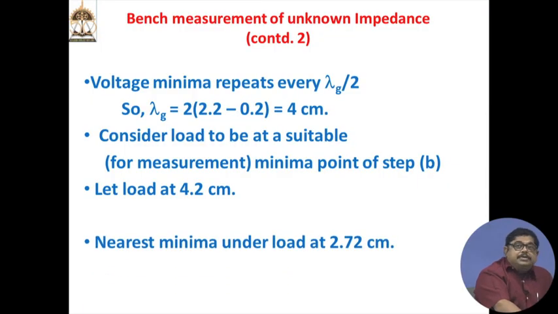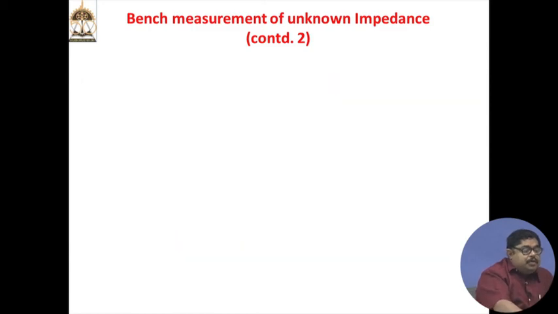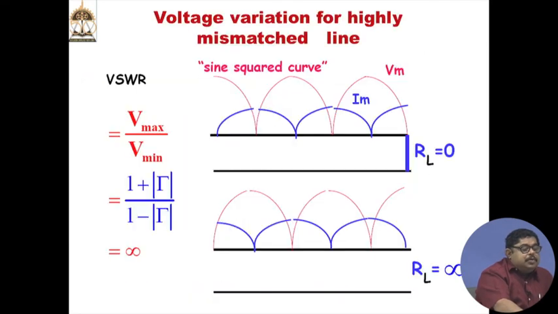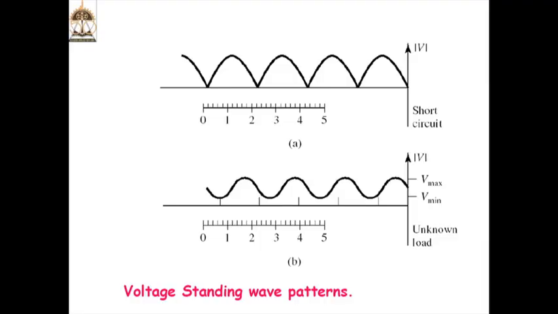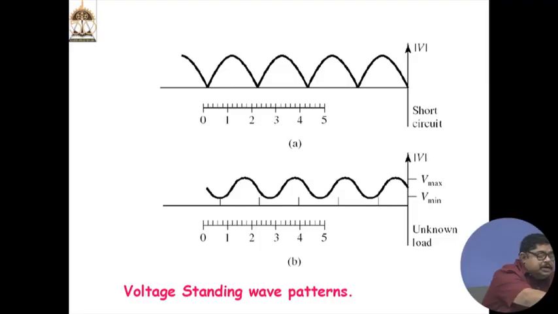When we have changed to the unknown load, the nearest minima under load is at 2.72 centimeter. Only thing, from the curves I have shown, you will have to find out whether it is shifting towards the load or towards the generator. If I take this minima, you see that this minima is shifting towards the load.